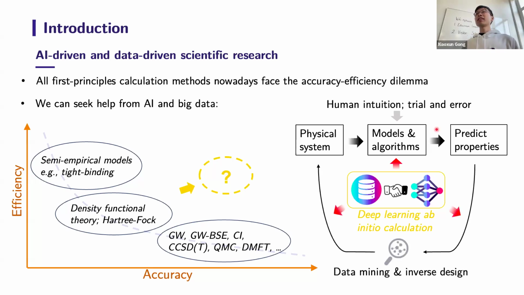When we have accumulated enough information and experience on the properties of physical systems, we can further utilize our deep learning ab initio calculation framework to inversely design materials given the properties that we need, and then synthesize the materials for further research or applications.